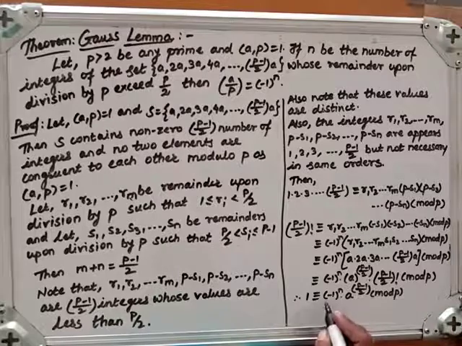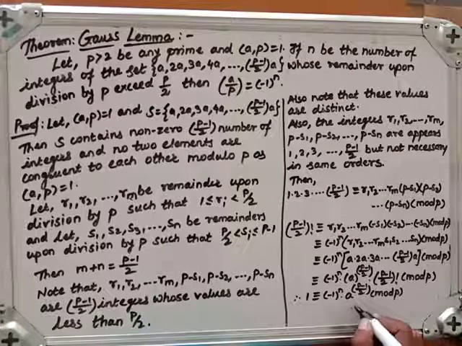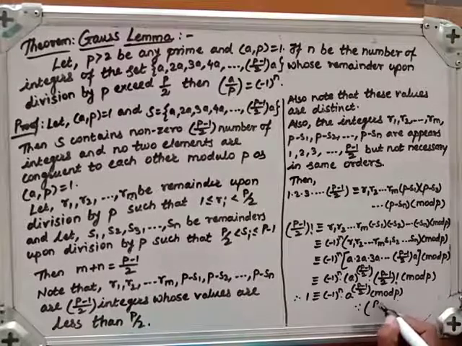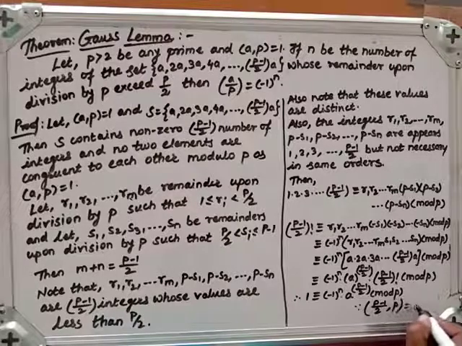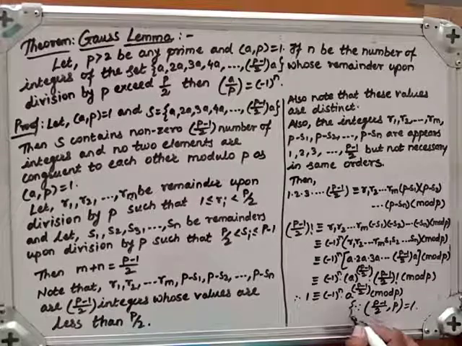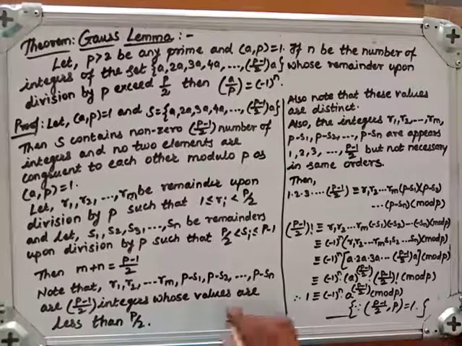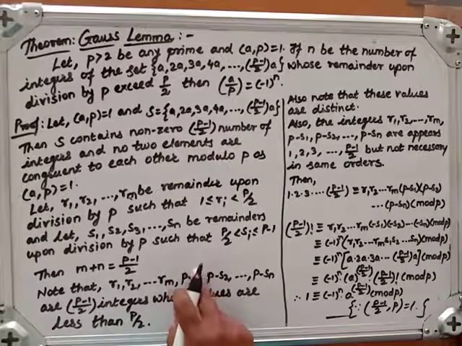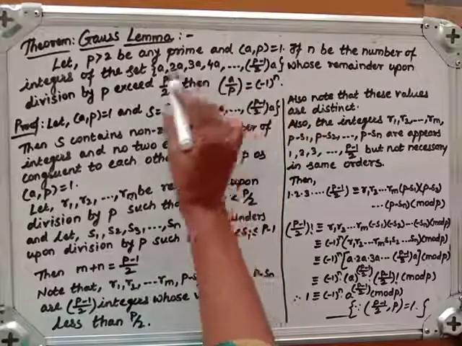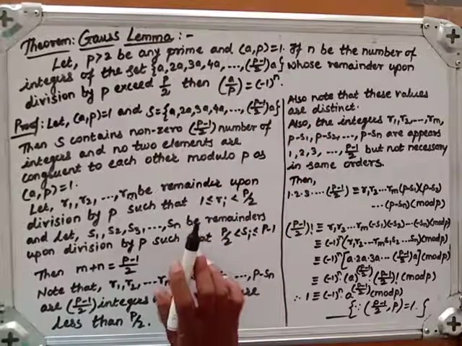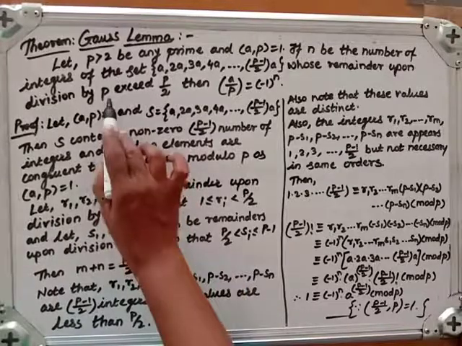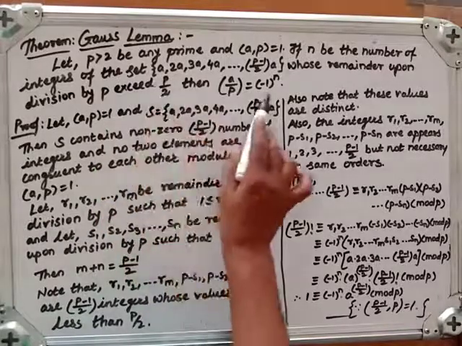Why is that the reason? Since (p−1)/2 and p are relatively prime. Okay, look at this question carefully. This is the set of integers given to us, (p−1)/2 multiples of a, whose remainders upon division by p exceed this, then we have to prove this.